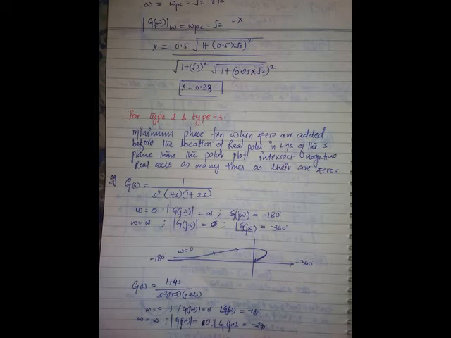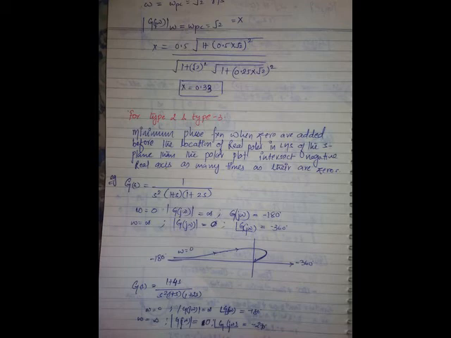What is a polar plot? We are varying omega, observing how the magnitudes and phase angle values are changing. Starting omega 0, ending omega infinity. So put omega value 0, magnitude will become 0.5, angle will be minus 180.